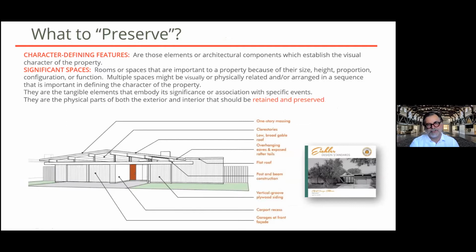And sometimes that's a sequence of spaces. I always use the analogy of a historic theater. You come in off the street, there's often a ticket booth, and you go in and there's a lobby and you can get your snacks, and you typically go through a little vestibule and you enter into the theater. And that sequence is something that you'd want to preserve when you're looking at updating or restoring or reusing a property.